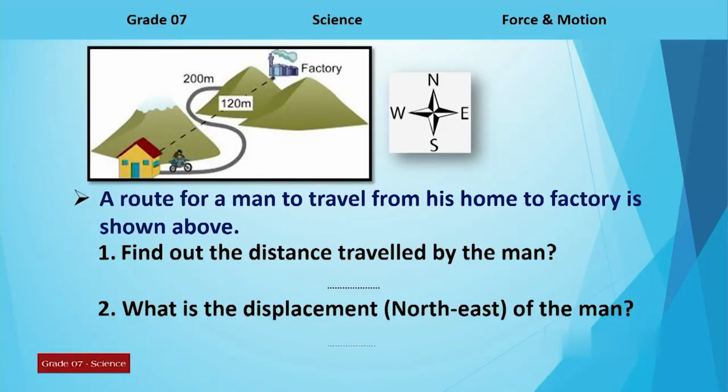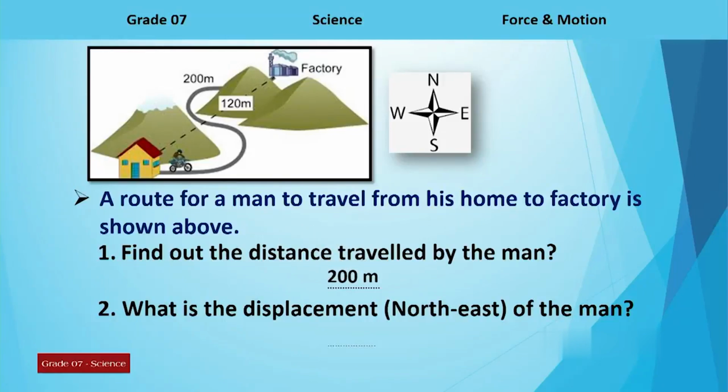Right. Based on this, these two questions are asked. We will see the answers for the questions. A route for a man to travel from his home to the factory is shown above. I explained to you. Find out the distance travelled by the man. What is the answer? Yes, you can check whether your answers are correct.